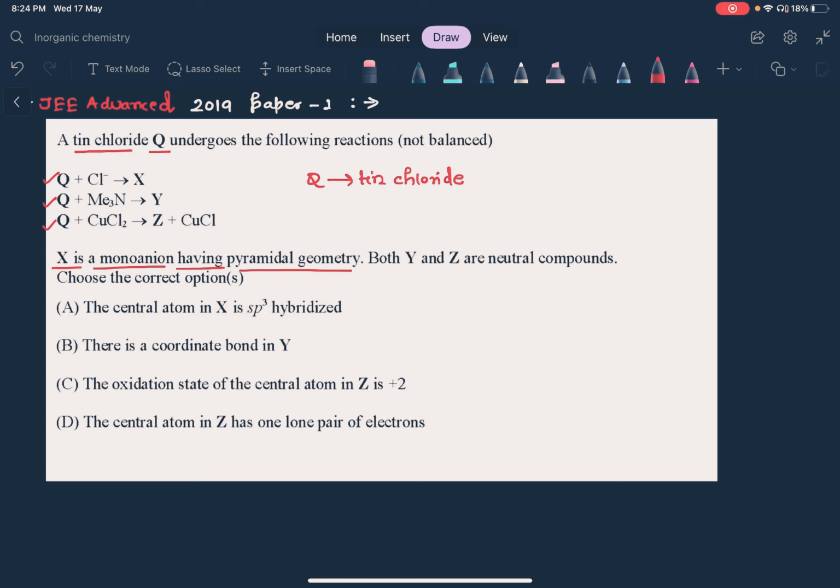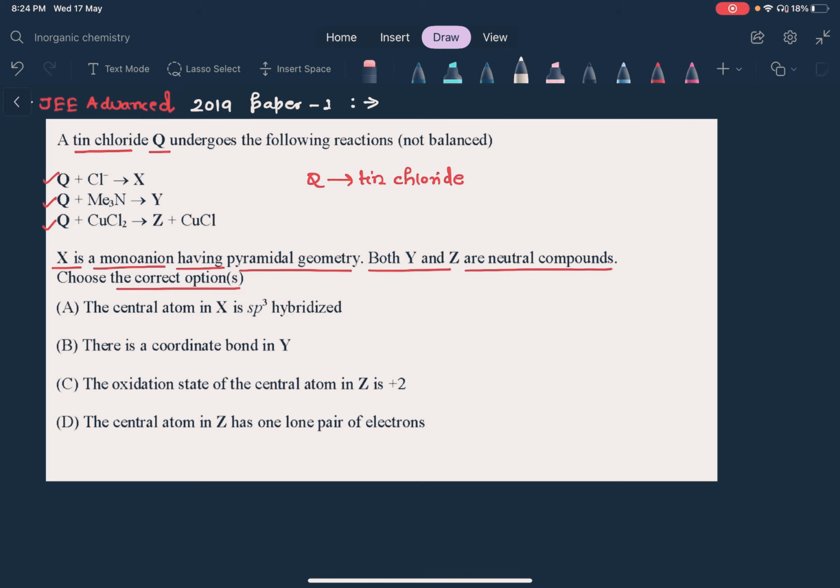And when Q is reacting with Me3N, it is producing Y, and when it is reacting with CuCl2, it is producing Z and CuCl. The information about Y and Z is that they are neutral compounds, that means there are no charges there. So you have to find which are the correct options here.